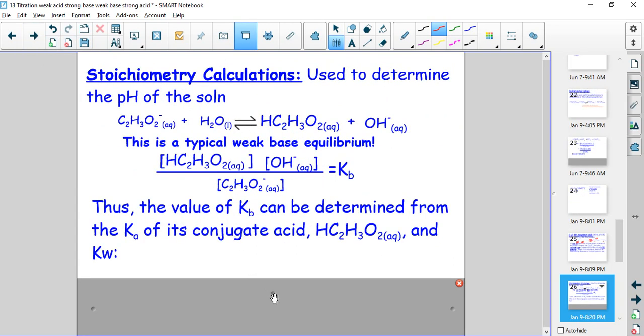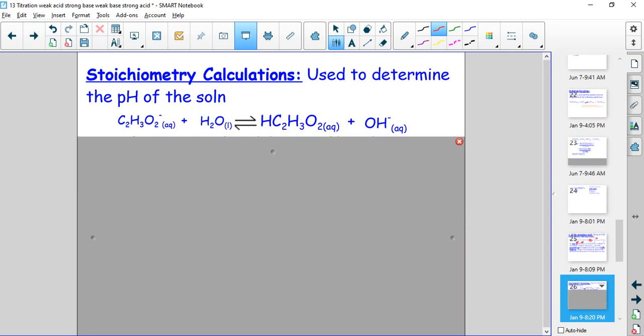Here it is. Okay, so our acetate ion behaves like a base. You will see that, according to the Bronsted-Lowry definition, it will take up a hydrogen ion and it will become this. So here are our conjugates. So this behaves like a base, right? This will be a conjugate acid.